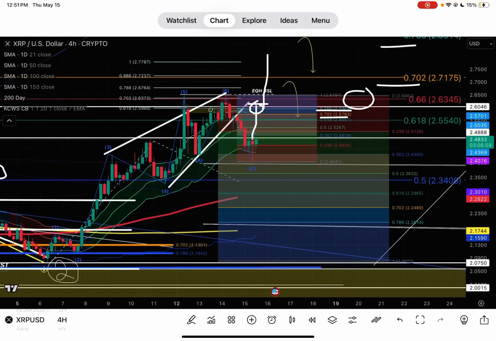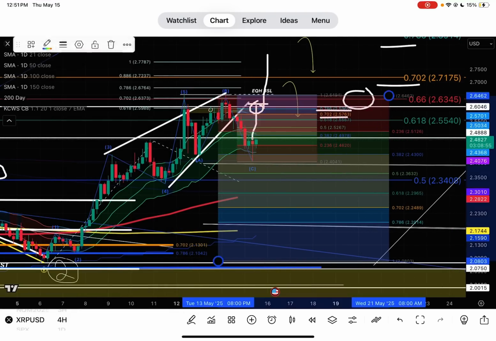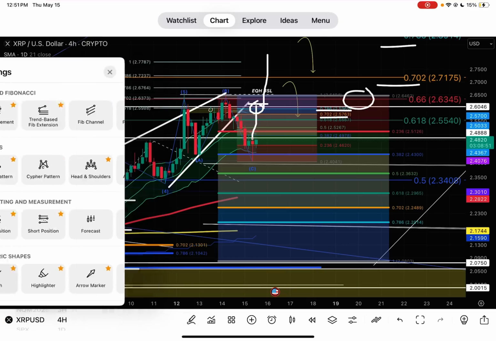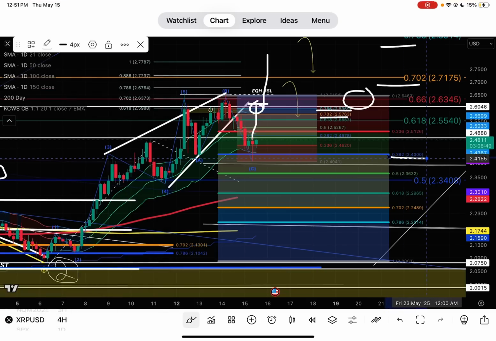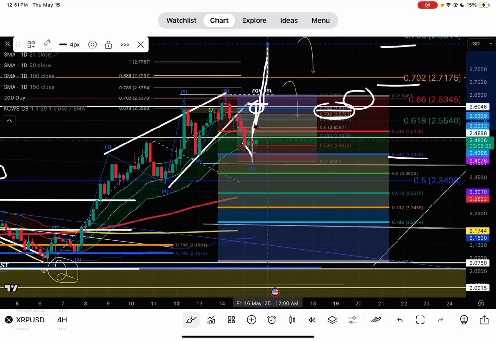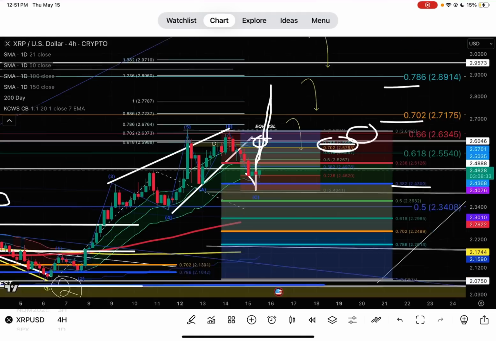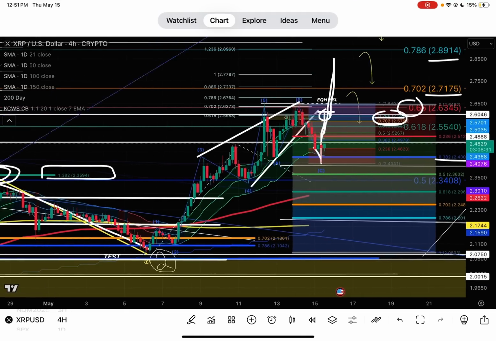And then we came down and tapped the 38.2% fib right over here. You see how we came down to tap that level? So now if we get back up to these highs and then eventually get above these 2 levels, then it's very likely we're going to go in for sub wave 3 of 3, right? Towards the higher retracements, sitting at 2.71, 2.89, $3.11, and so forth.